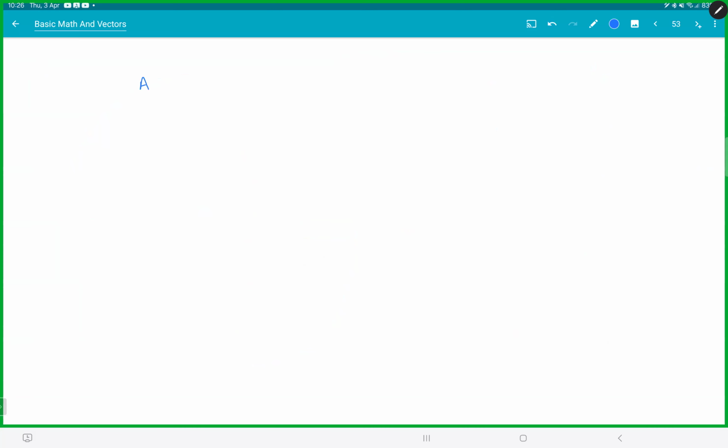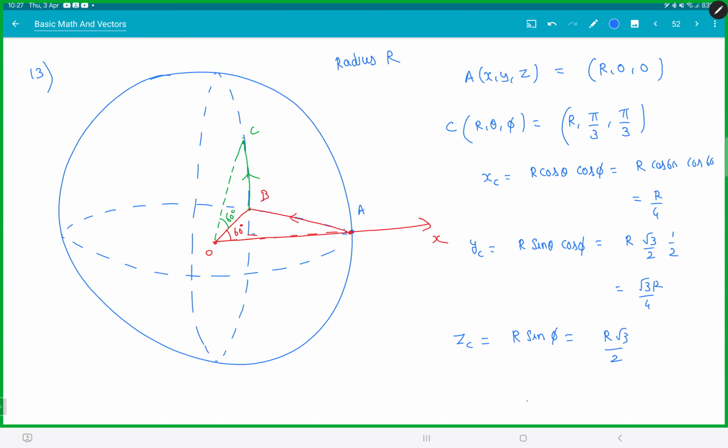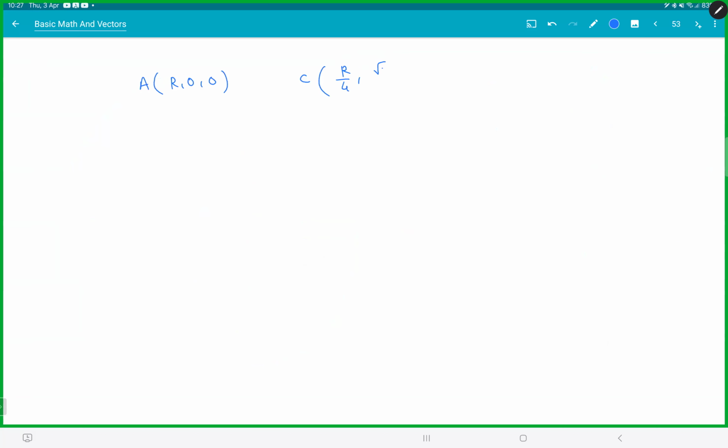So we have the coordinates. The coordinates of A are R, 0, 0. The coordinates of C are R by 4, root 3 R by 4, root 3 R by 2. Any doubts on this?